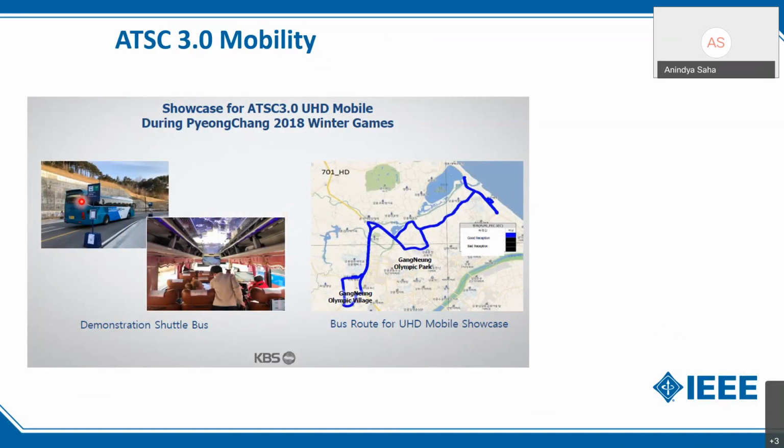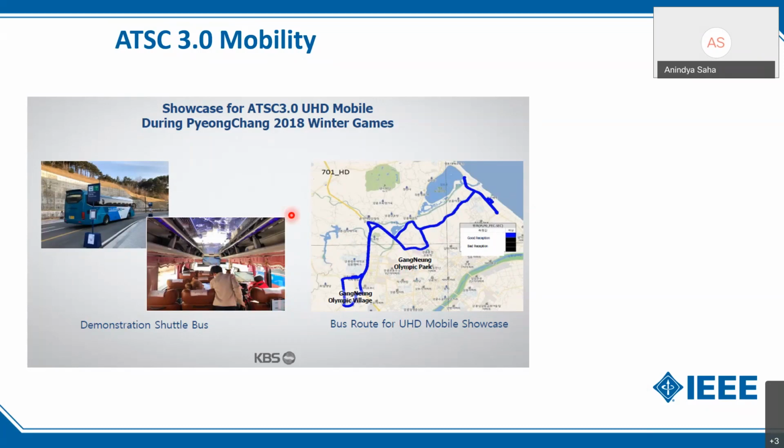There was a bus going around the stadium, and you can see that there are television panels and tablets, various kinds of screens, and there was a transmission going on from a single stick, which was broadcasting the Olympics.